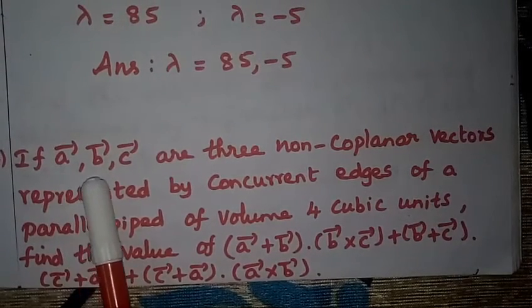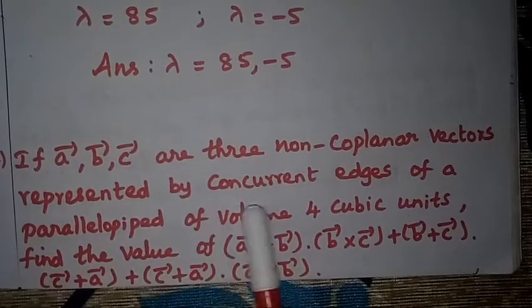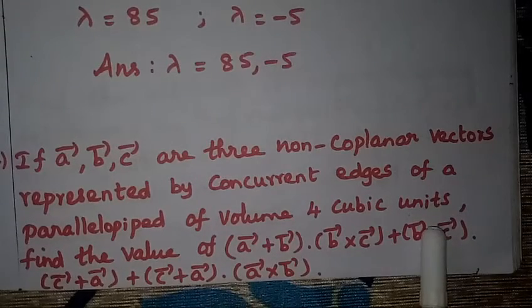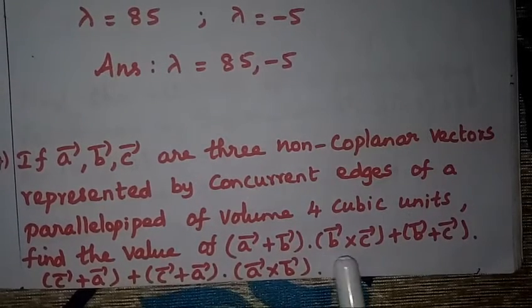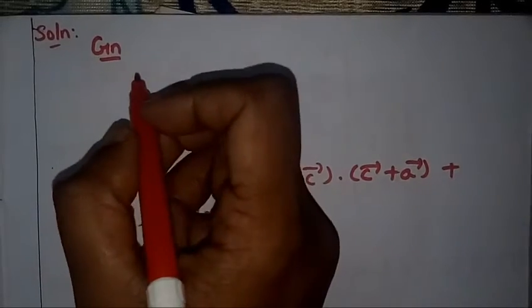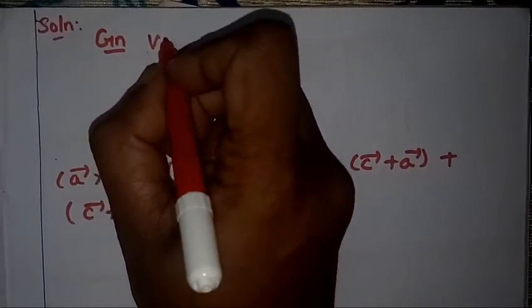A vector, B vector, C vector are three non-coplanar vectors represented by concurrent edges of a parallelepiped of volume 4 cubic units. You have to find the value of this expression. Solution. In the question it is given that the volume of the parallelepiped is equal to 4.